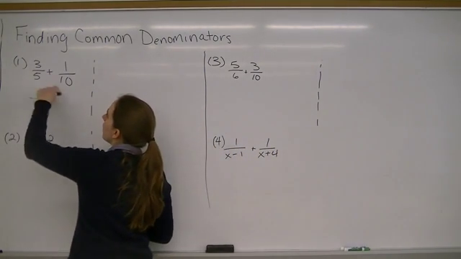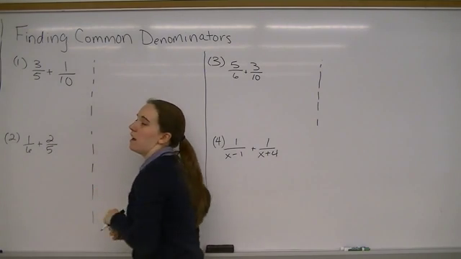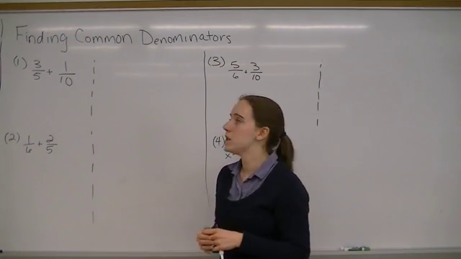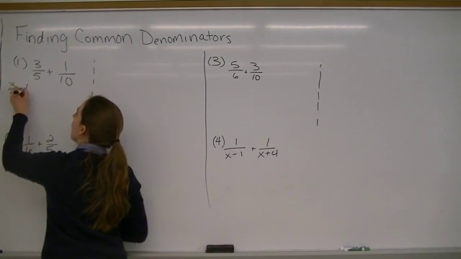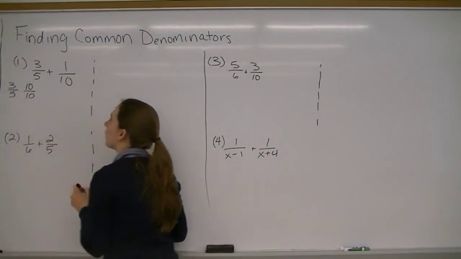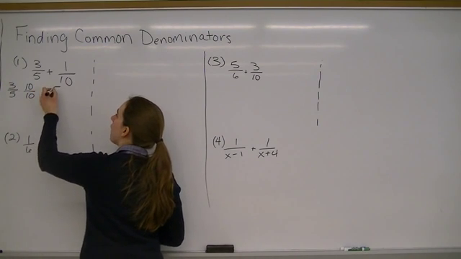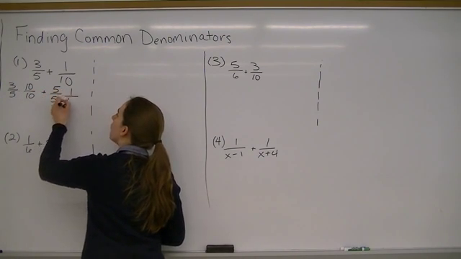So the quick and dirty way tells me that I want 5 times 10 as my new denominator, my common denominator. So I need to multiply my first fraction times 10 over 10 in order to do that. The second fraction I need to multiply by 5 over 5.